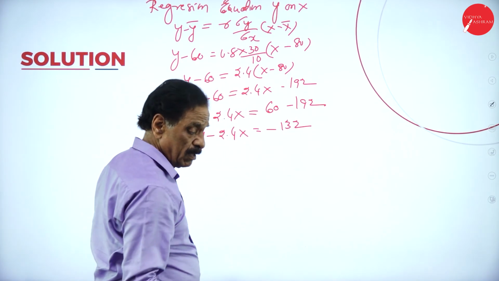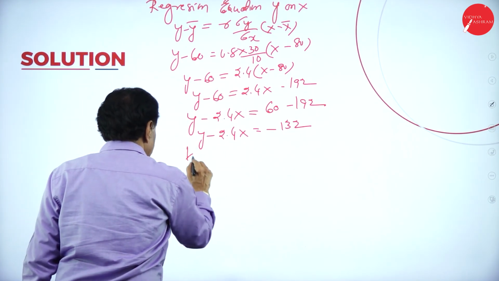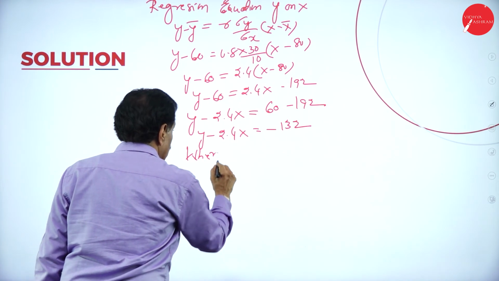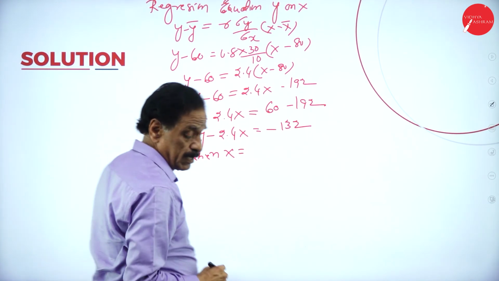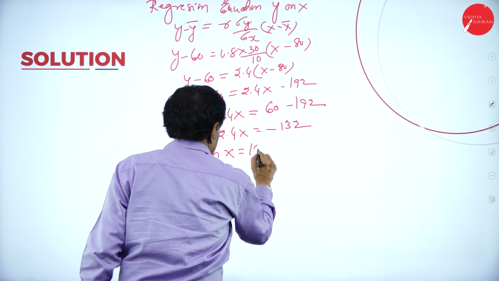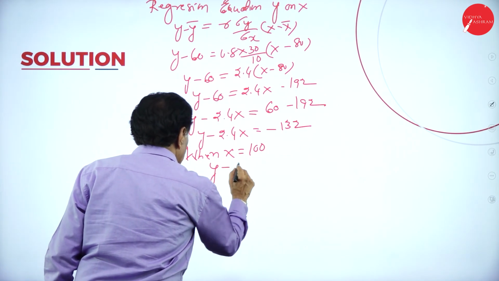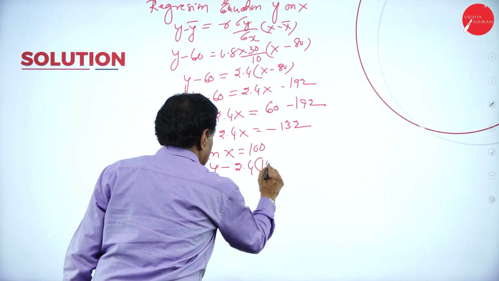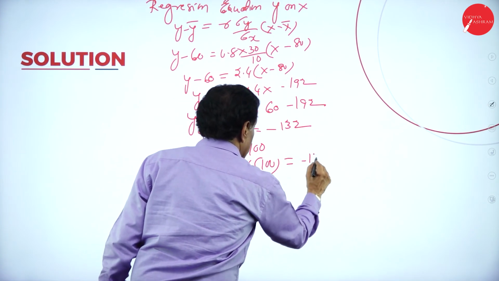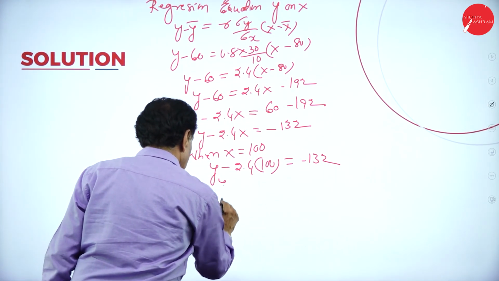Now, when x is given, we get the value of y: y minus 2.4 into 100 equals minus 132.